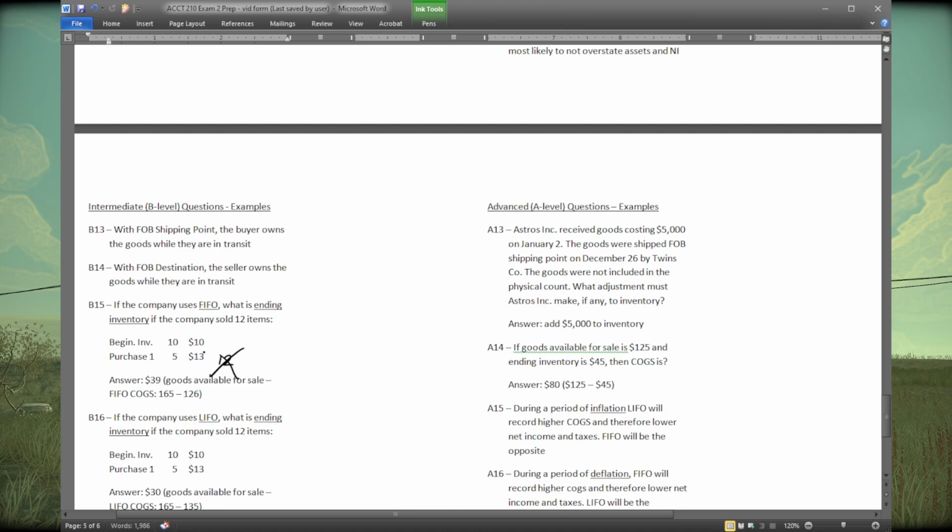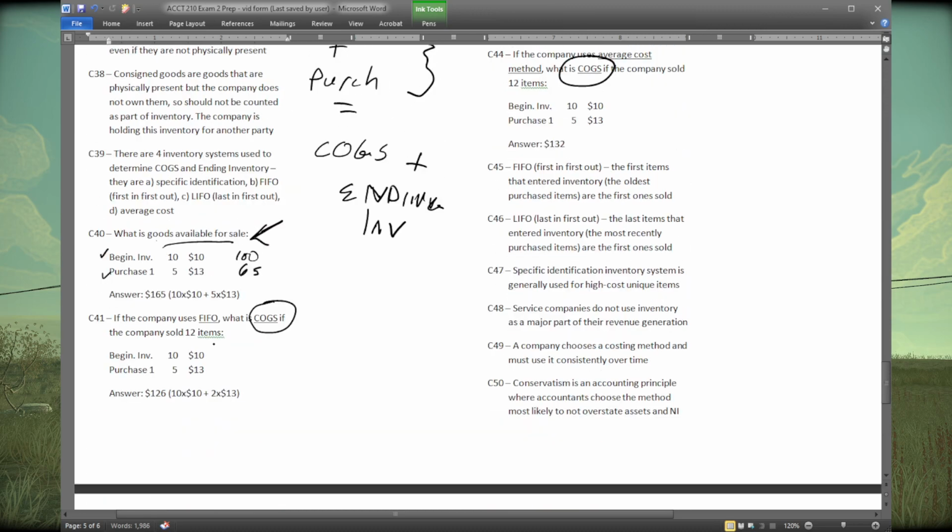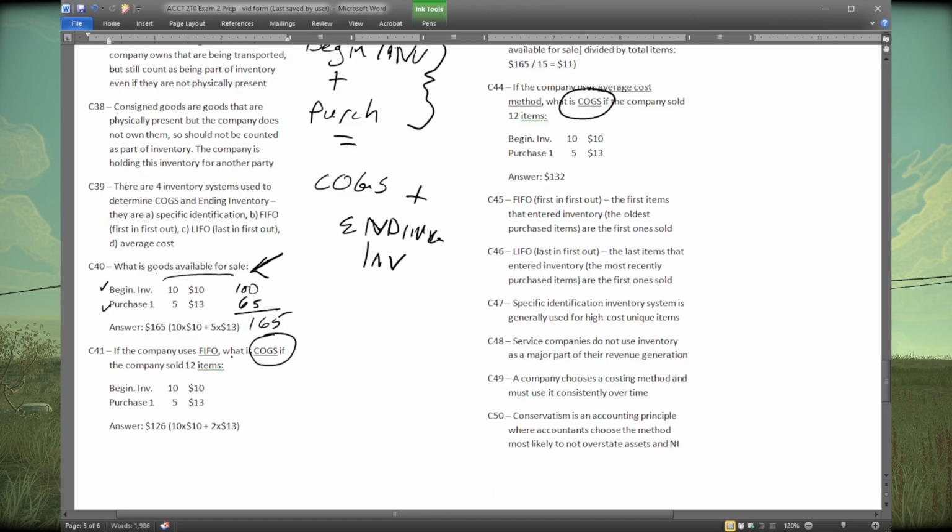The reason is that while 12 works for LIFO and FIFO, 12 doesn't work for average because it gives you an average cost that's not a whole number. It gives you some weird number. And I'd prefer for tests and quizzes to have things that round off pretty well. So anyway, just be aware of that. So here, this would be 165. That's the goods available for sale, because that's exactly what the definition is. Goods available for sale are beginning inventory plus purchases.